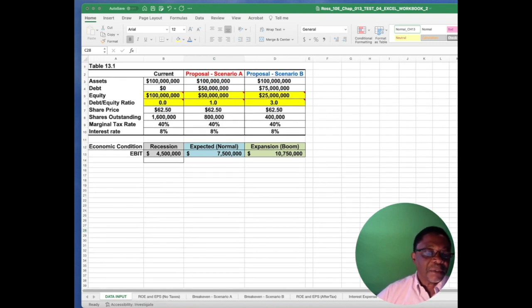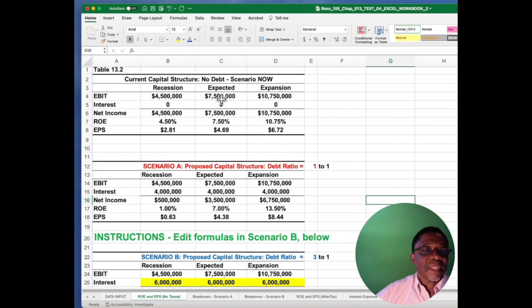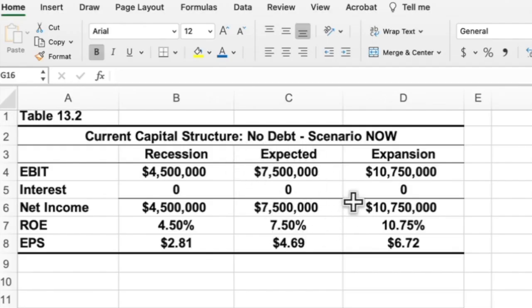So I'm going to click on this worksheet. If we have no debt, our EBIT under the normal economy is $7.5 million. We have no interest expense because we didn't borrow any money. We have net income of $7.5 million because we also have no taxes.